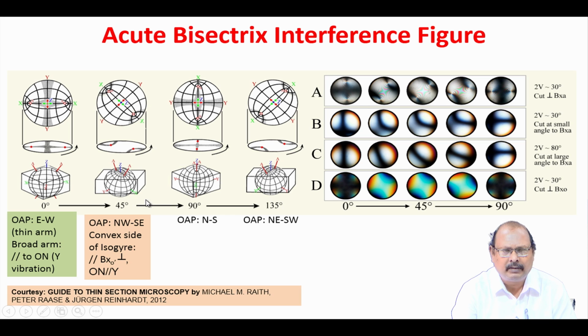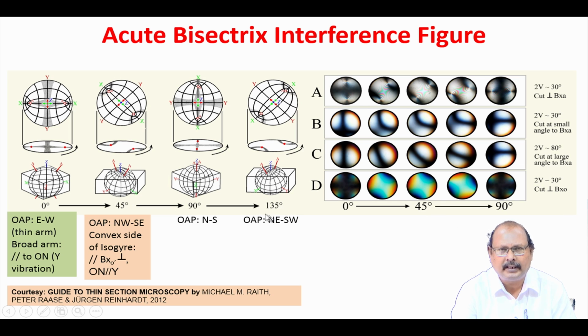And if you rotate a further 45°, now it is 90°. In that situation the optic normal vibration direction will be oriented east to west, and the trace of the optic axial plane will be north-south. If you rotate a further 45°, from the initial position the total rotation of the microscope stage is 135°.